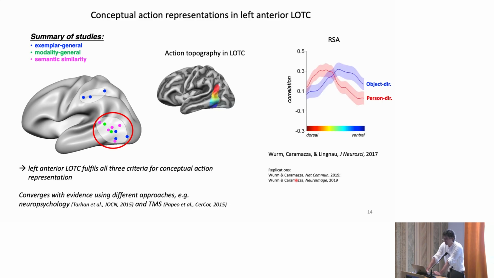Now, what we can do is also to investigate the topography of action representations in the left LOTC. For this, we ran a representational similarity analysis along a vector from dorsal to ventral LOTC. And what we found was that person-directedness is represented more dorsally in LOTC, whereas object-directedness is represented more ventrally.